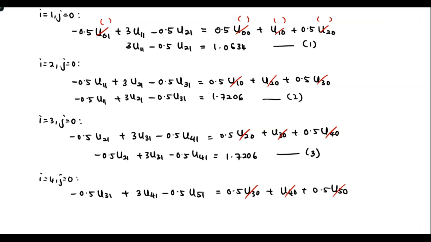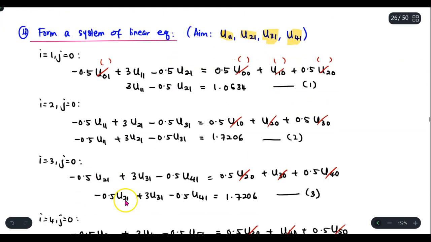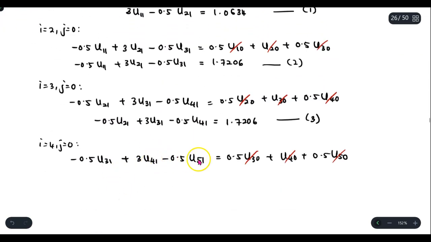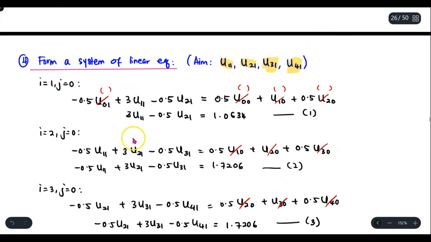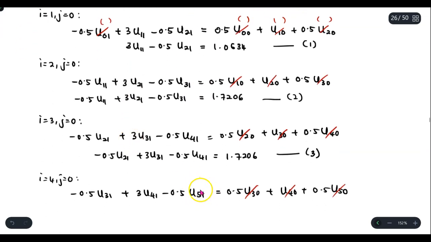At the left hand side, you can see your 3 u41 is basically unknown here. u31 unknown, u41 is unknown, u51 somehow is not your unknown. So basically there should be a known value for u51. So go back to your step number 2 and see the value of u51 is also basically known.